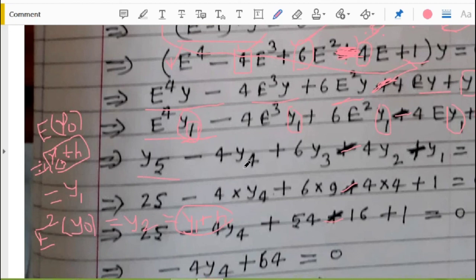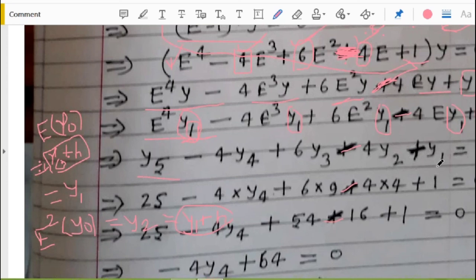They will make y4, they will make y3, they will make y2, this will make y1, and then they will say y0, and y0 I have not given in the table.